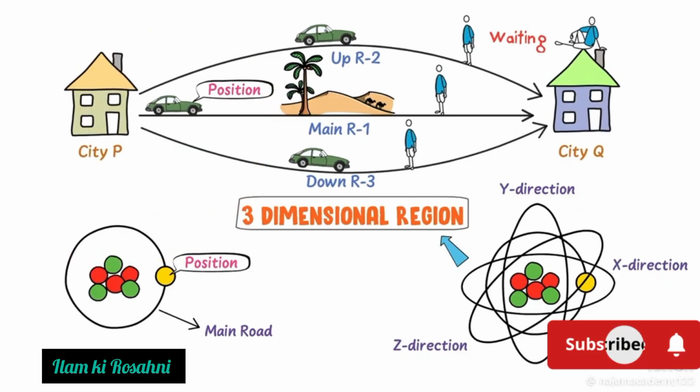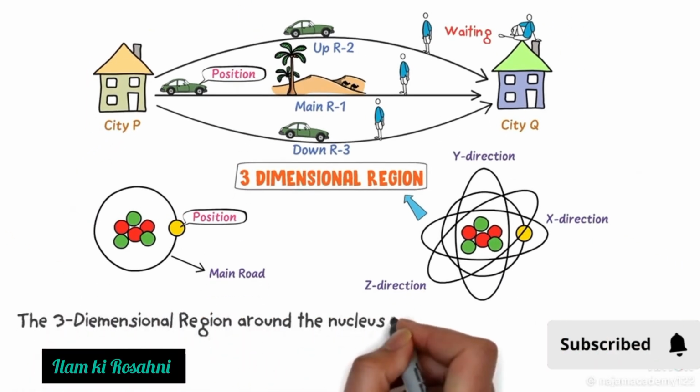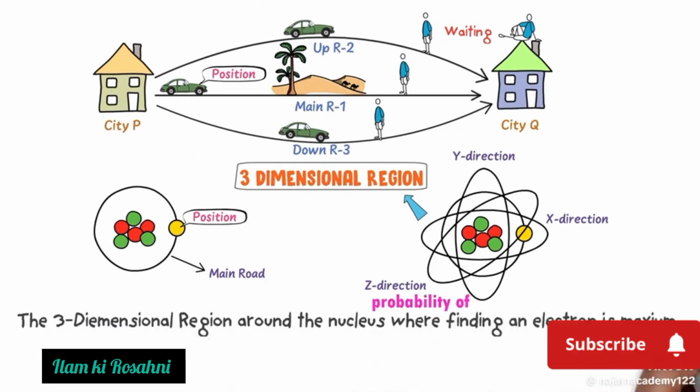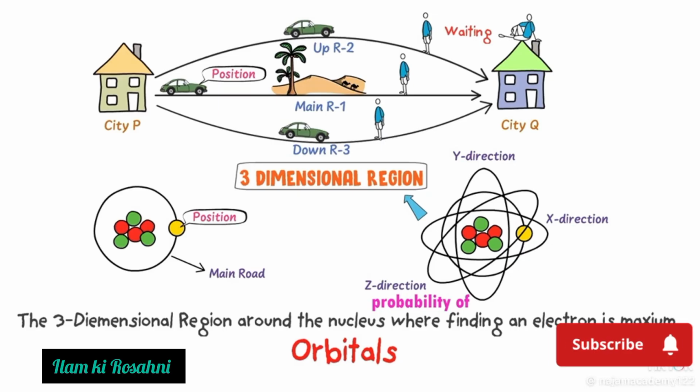Therefore, we define orbitals as the three-dimensional region around the nucleus where the probability of finding an electron is maximum. Let me repeat it. The three-dimensional region around the nucleus where the probability of finding an electron is maximum is called an orbital.